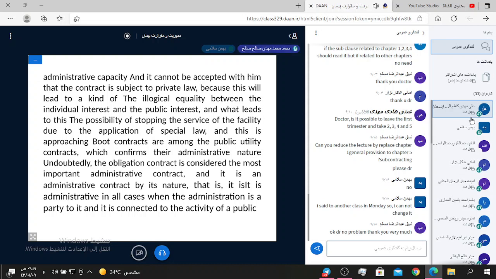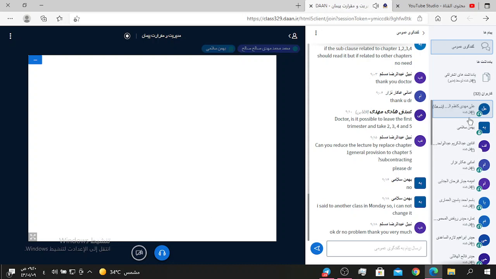The obligation contract is considered the most important administrative contract, and it is an administrative contract by its nature. It is also administrative in all cases when the administration is a party to it and it is consistent with the activity of the public authority.